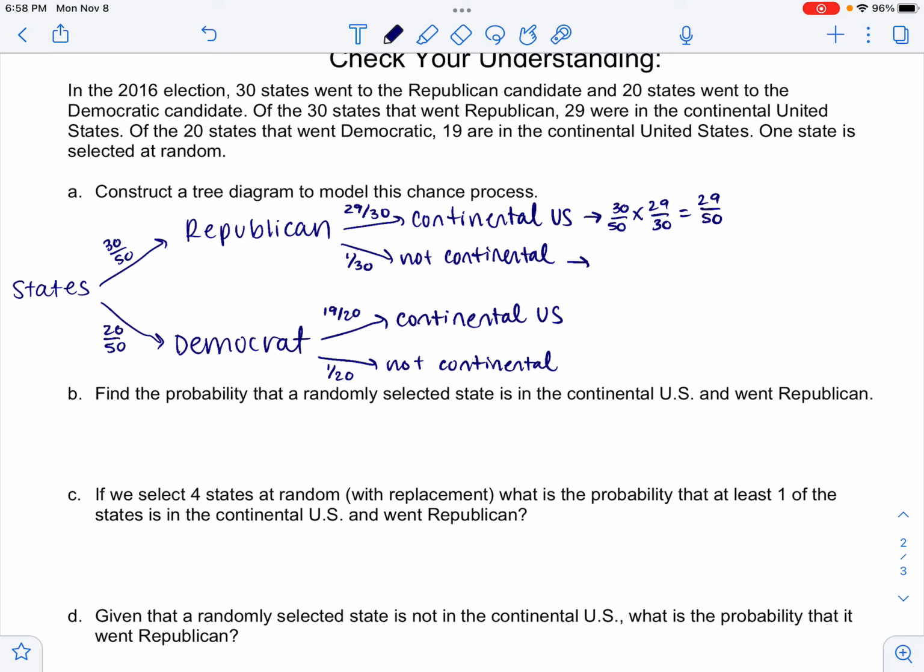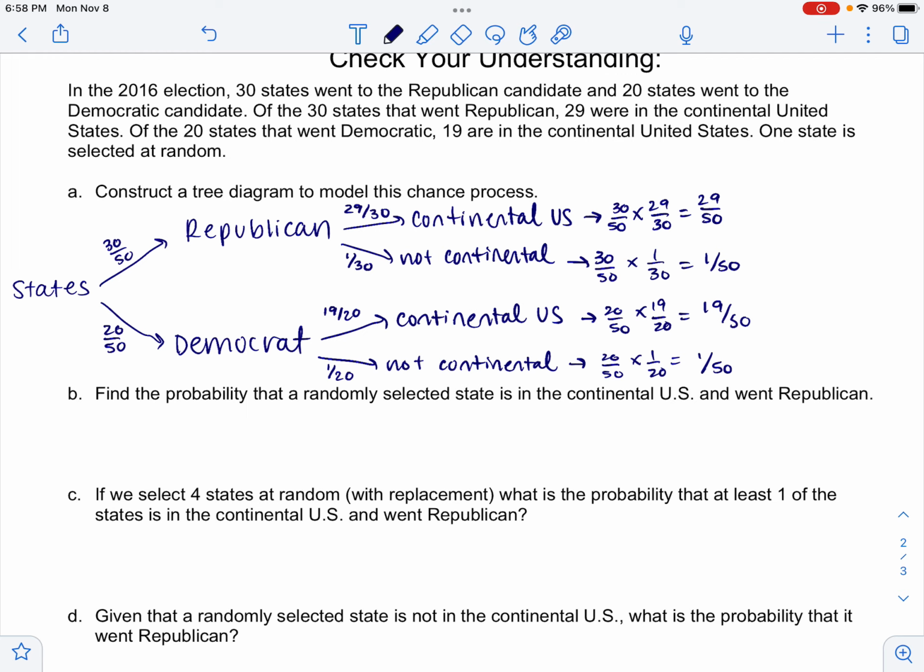For this next one, we get 30 over 50 times 1 over 30, which equals 1 over 50. For the next one, 20 over 50 times 19 over 20 equals 19 over 50. And the last one, 20 over 50 times 1 over 20 equals 1 over 50.